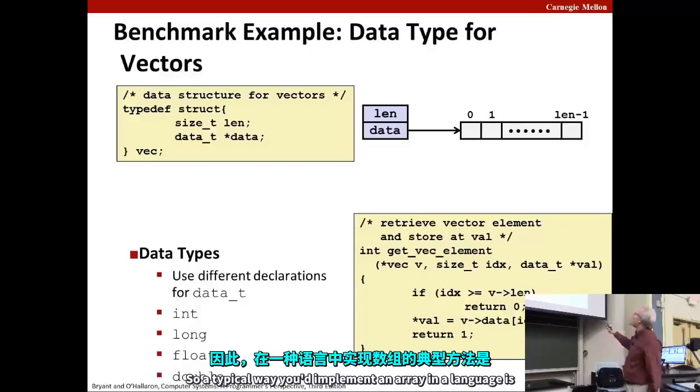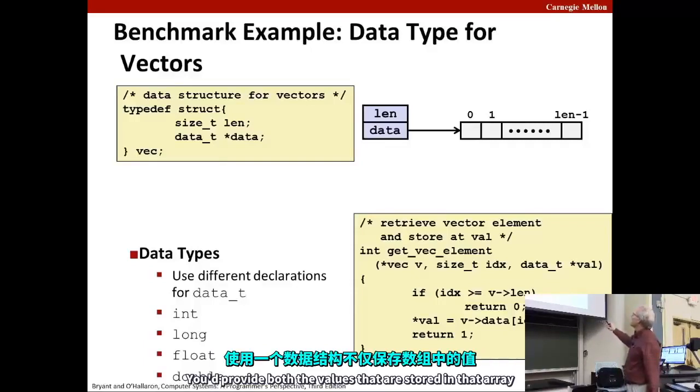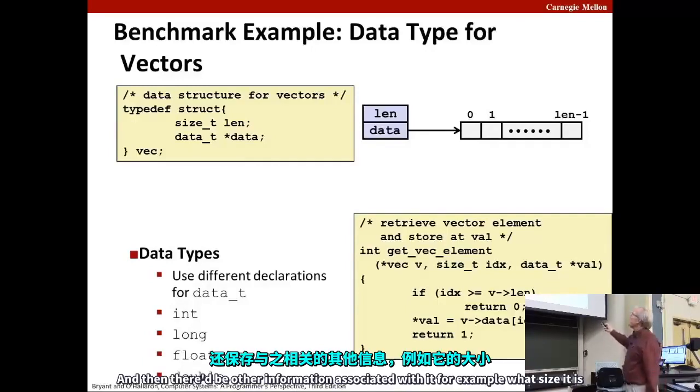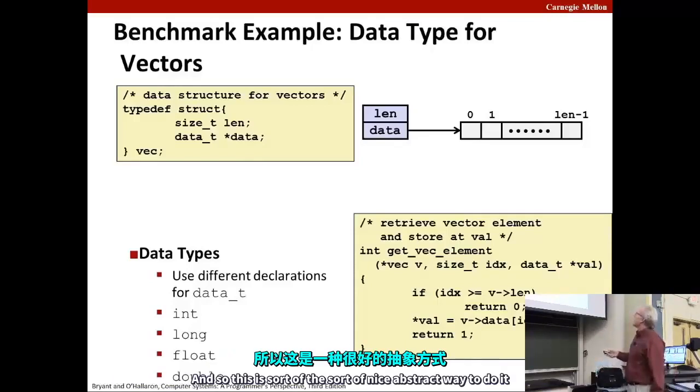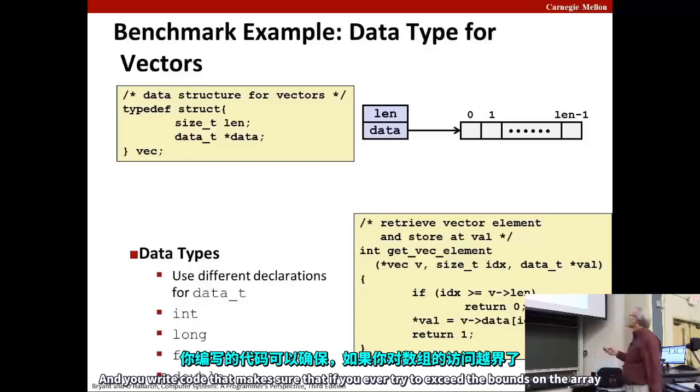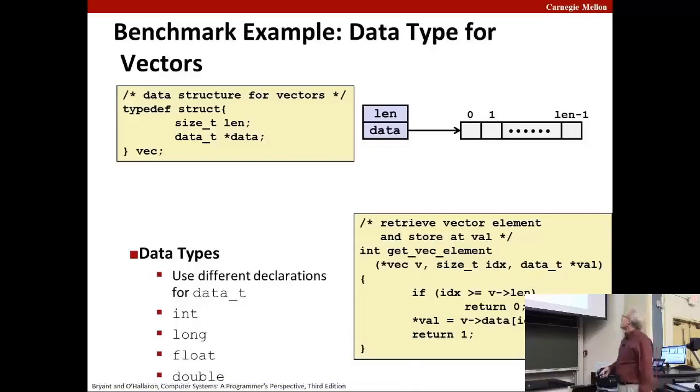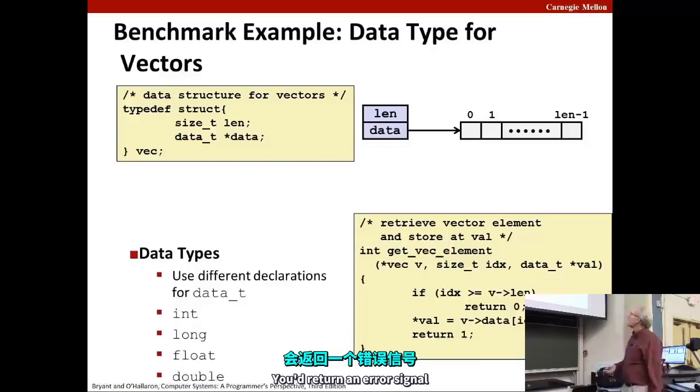But a typical way you'd implement an array in a language is you'd provide both the values that are stored in that array, and then there'd be other information associated with it, for example, what size it is. And so this is the nice abstract way to do it. And you'd write code that makes sure that if you ever try to exceed the bounds on the array, you'd return an error signal.